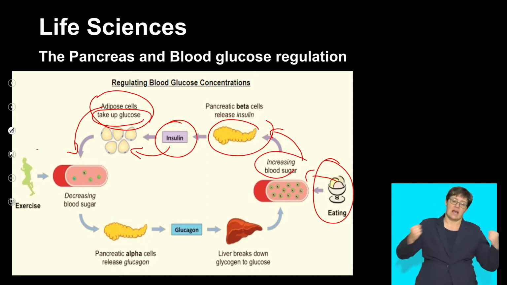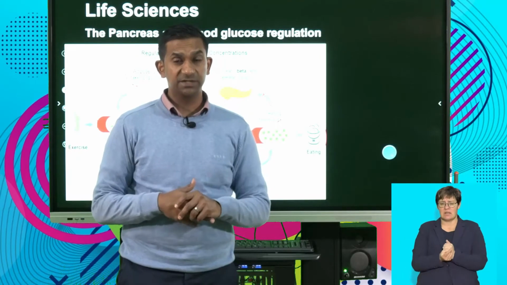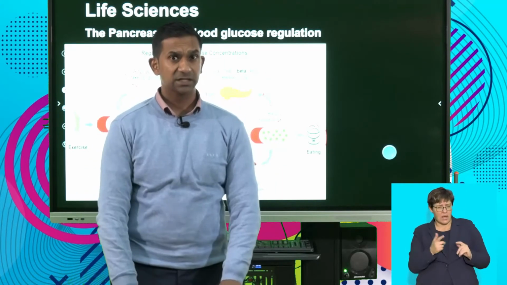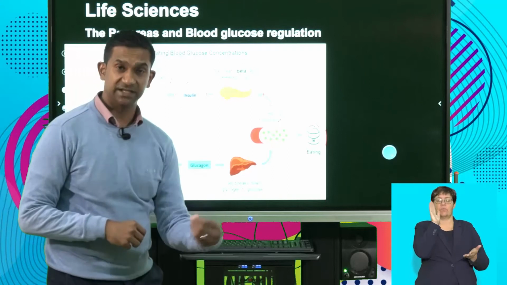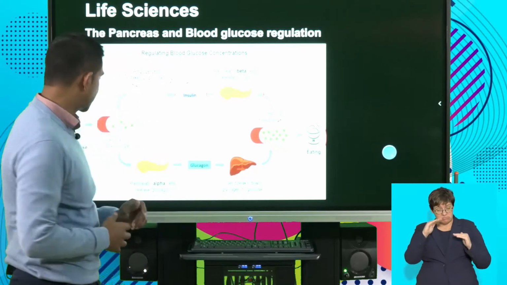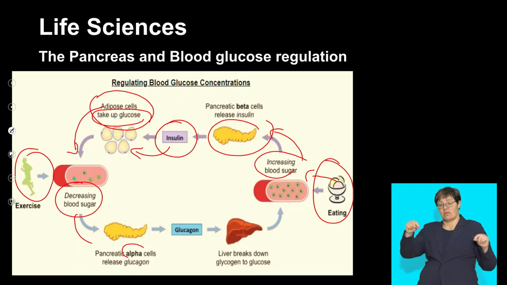However, you now begin to exercise and you find that as you exercise, you need the energy for cellular respiration. So after a little while, the blood sugar levels in the blood decrease because you've now used that energy for cellular respiration. That decrease is then detected by cells in the pancreas called the alpha cells.